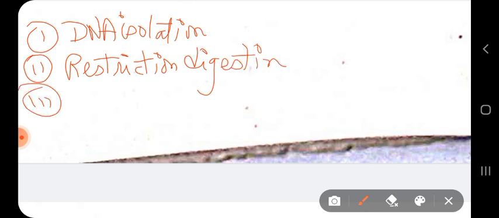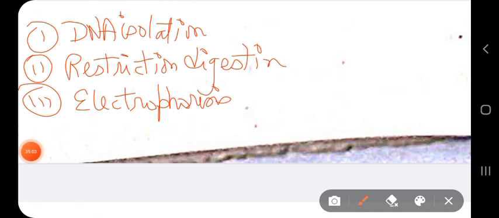In the next step we have done gel electrophoresis. Then in the next step, we have done the main process, the main heart of Southern hybridization, which is called blotting.